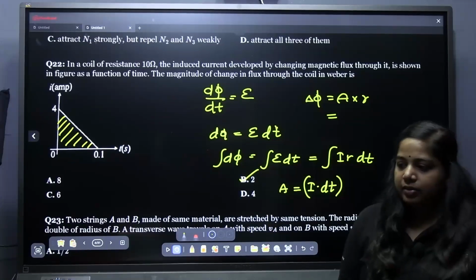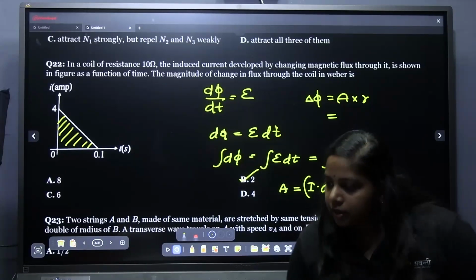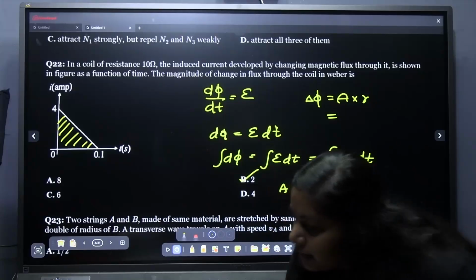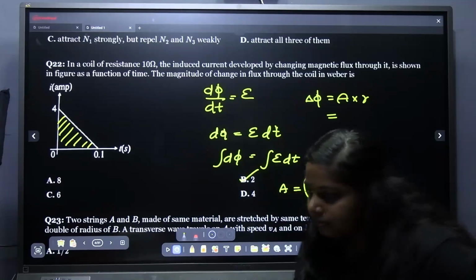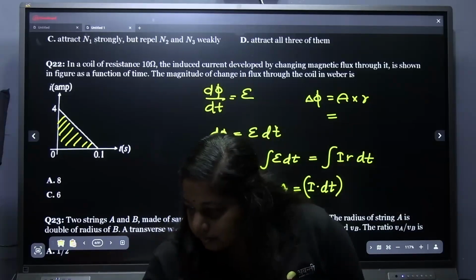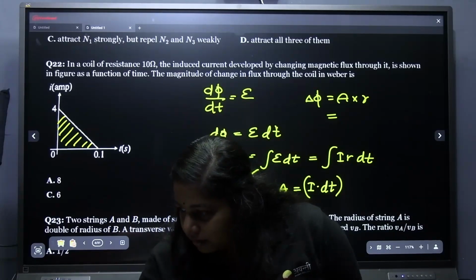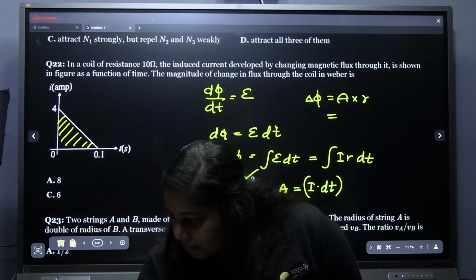Is that clear or is there any doubt? Screen not visible. Screen is not visible. Is it for everybody? The screen is not visible. Yes, ma'am. Okay, let me check.